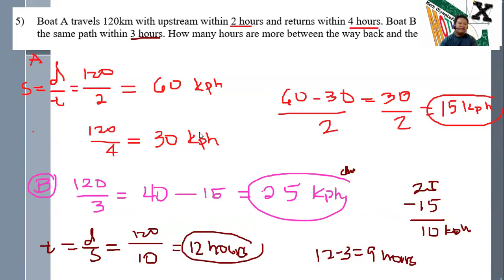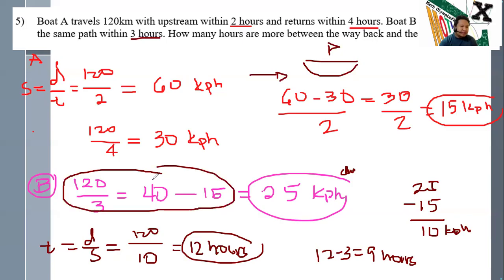Because if you're moving together with the water, imagine your boat in the river. There's a speed for the boat, but the water is also moving, so it's pushing the boat. Sorry for my drawing of the boat. Here, because it's together with the movement, the 40 kilometers per hour is the movement of the boat together with the river.